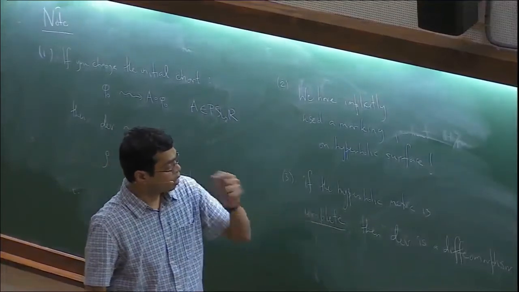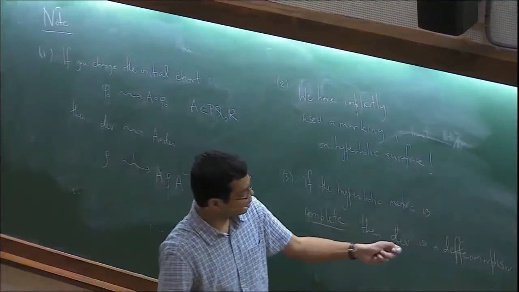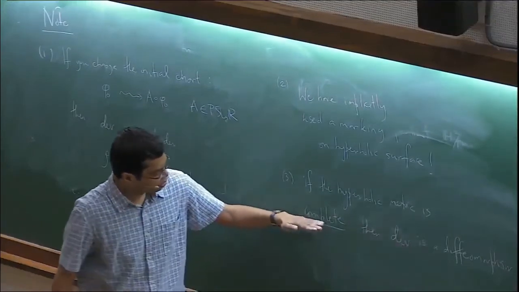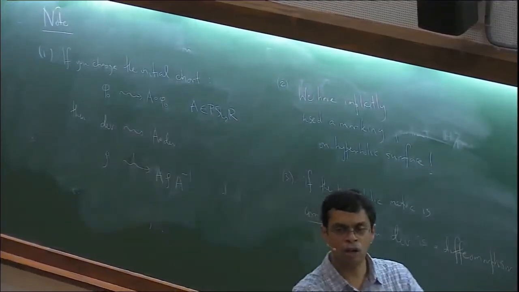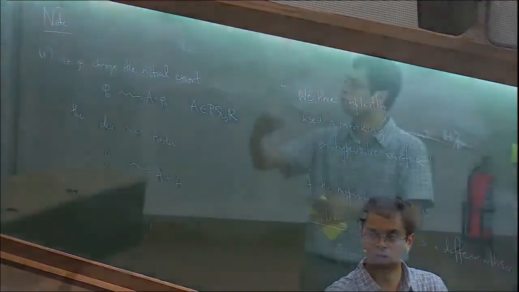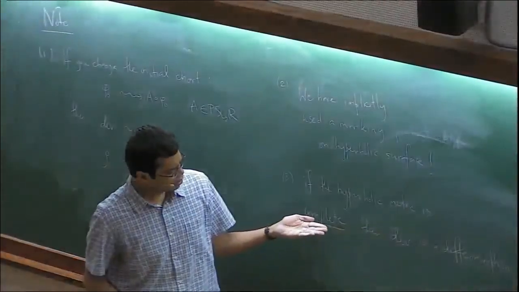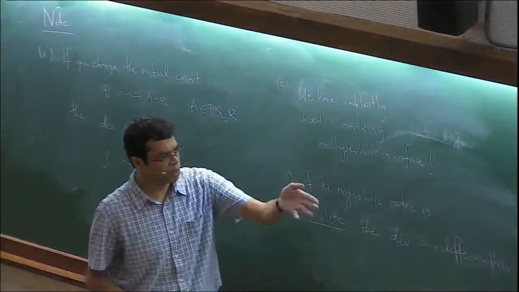Yeah. So why is this true? First of all, the developing map is by construction a local diffeomorphism. Locally you're building it by charts to H2. If you have a local diffeomorphism that is also complete, you can check that the path lifting property holds.